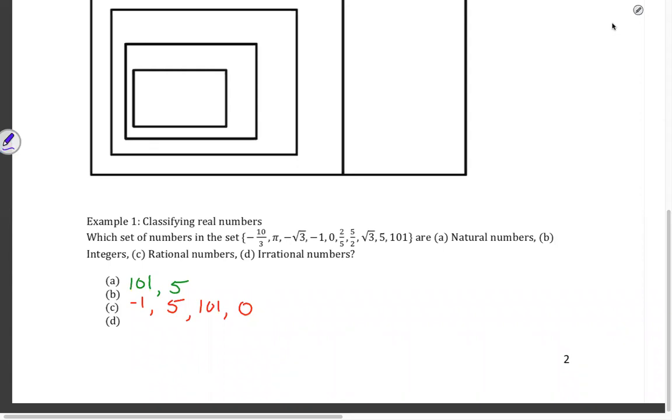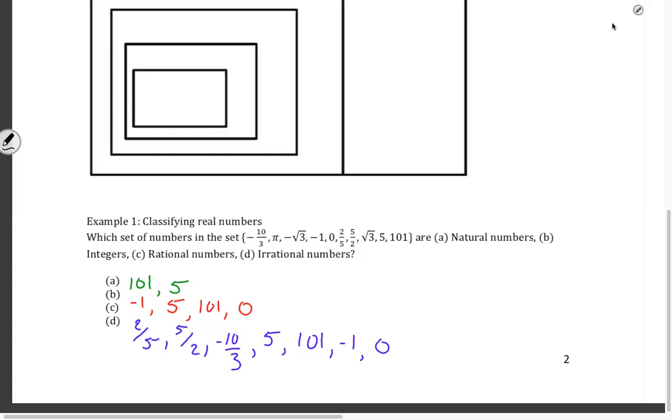Can you give me all 7? 2/5. 2/5, 5 halves, okay. -10 thirds. Just about halfway there. 5. Keep going. 101, -1, and 0. Perfect. That's easy, right?